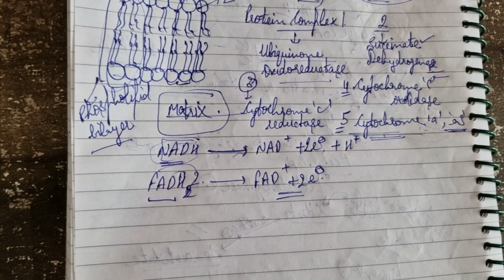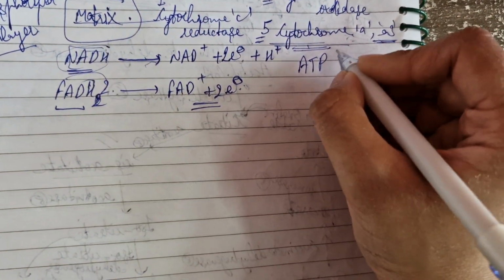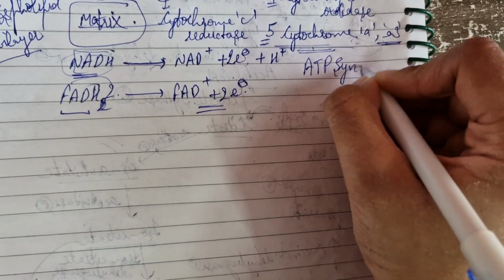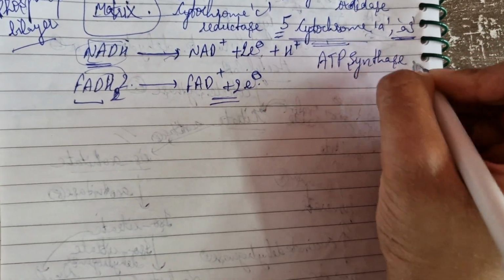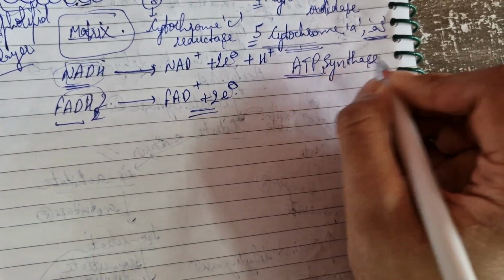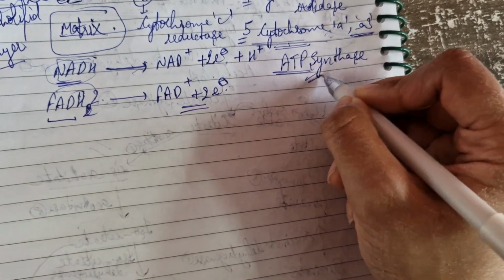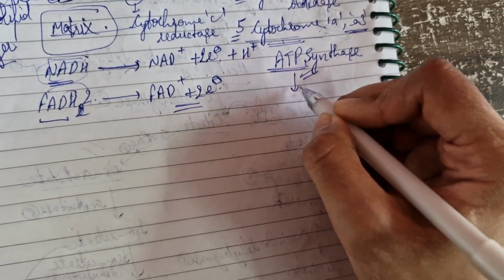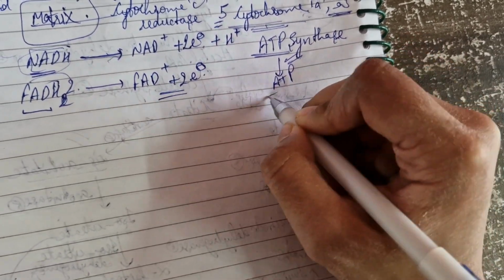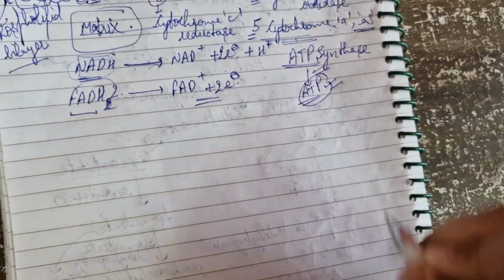During this process, the enzyme named ATP synthase finally plays the role to produce ATP at the end of the process.